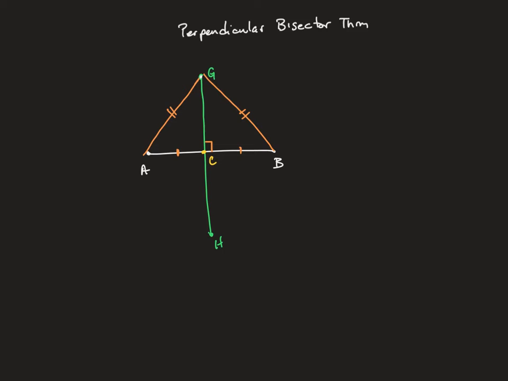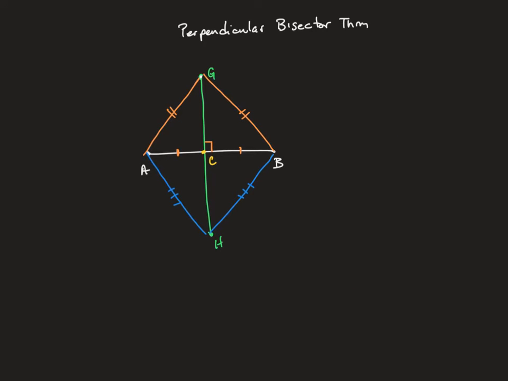And the same goes for segments AH and HB. Those are also going to be congruent, just as part of this perpendicular bisector theorem. Remember that we said the shortest distance from a point to a line is perpendicular, and that point would be equidistant to the segment's endpoints if we formed a midpoint.